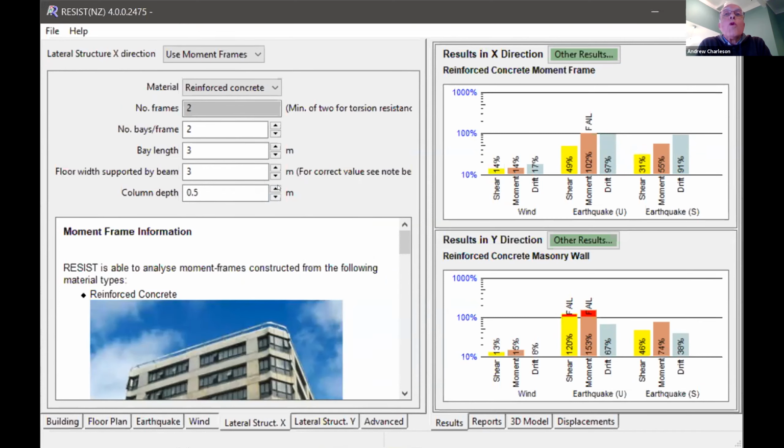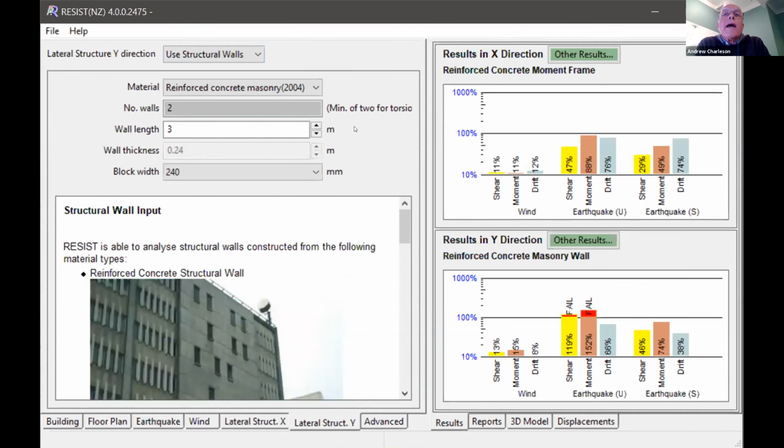Okay, and then go to your walls. I noticed that you're using walls in the Y direction. I see that you're using reinforced concrete masonry walls. So are you using concrete blocks? Yes, with reinforcement inside.